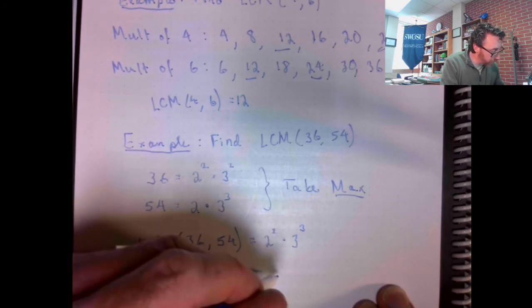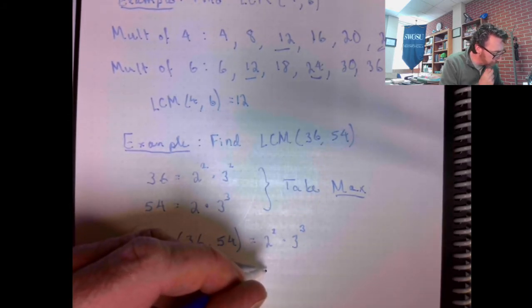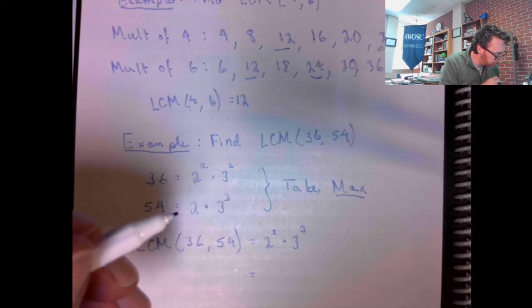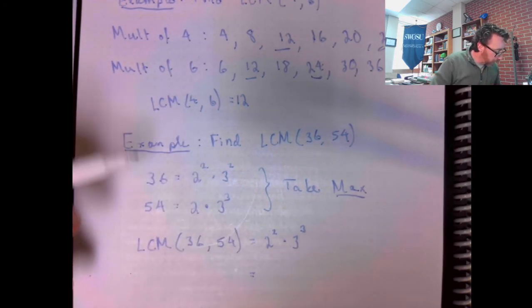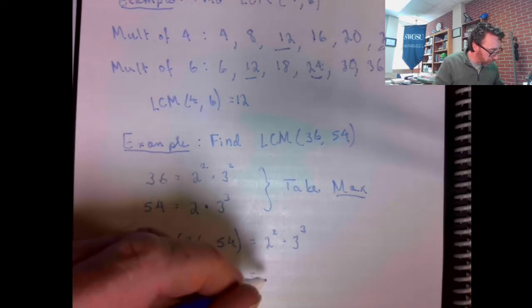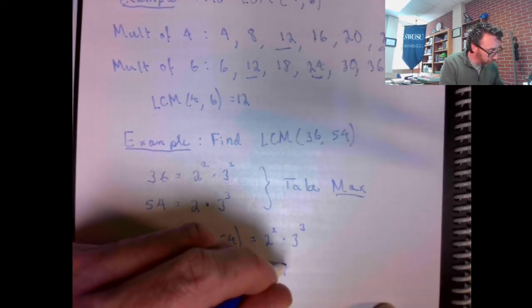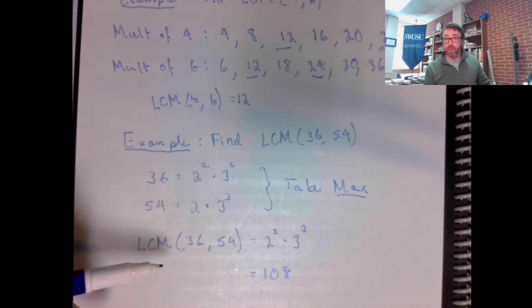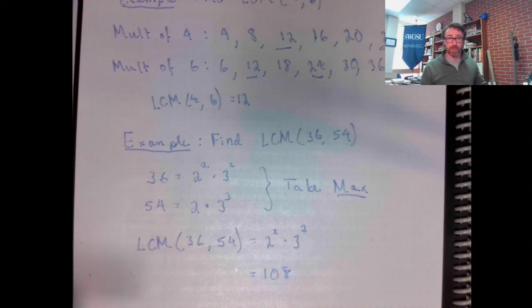And if you do the arithmetic, I believe we're getting 108, are we? So let's just take 54 and double it. Yeah, that's easy. 108, okay? So LCM of 108 for these two.